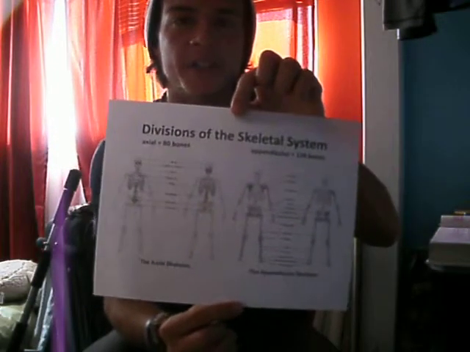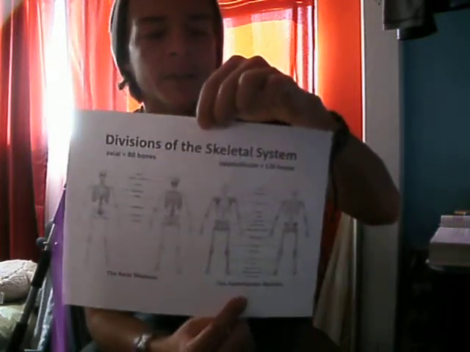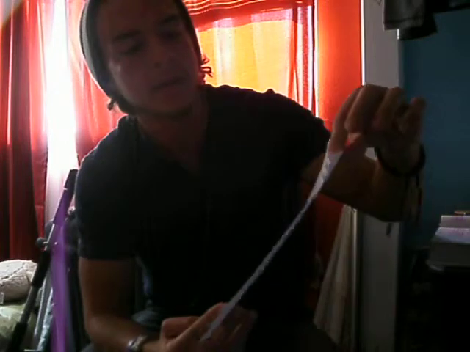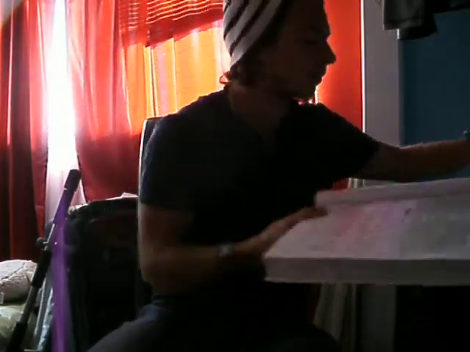Okay, the skeletal system. The axial and the appendicular. The axial has about 80 bones, and the appendicular has about 126. So the axial skeleton is made up of the skull, the rib cage, and the vertebral column.